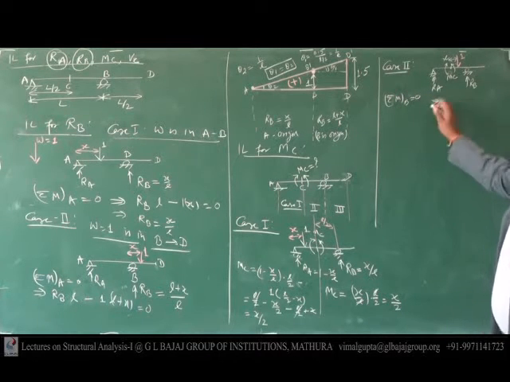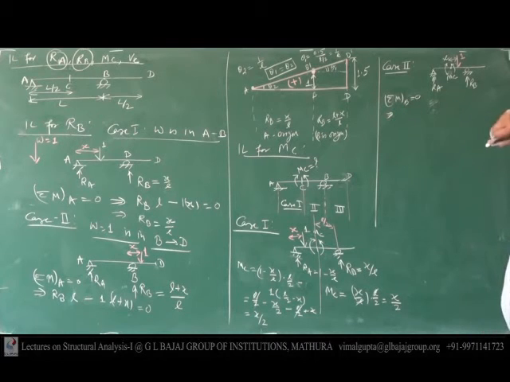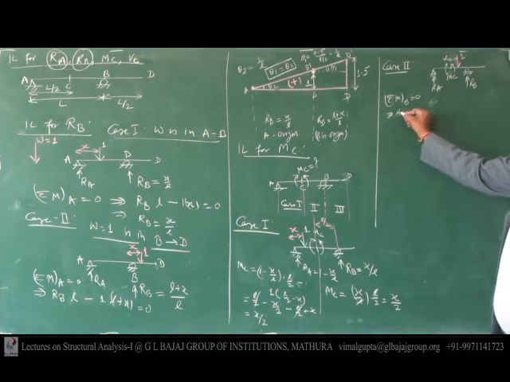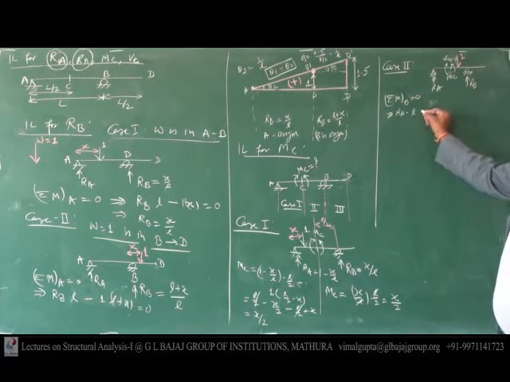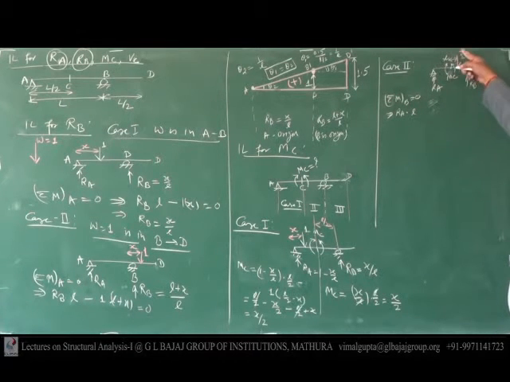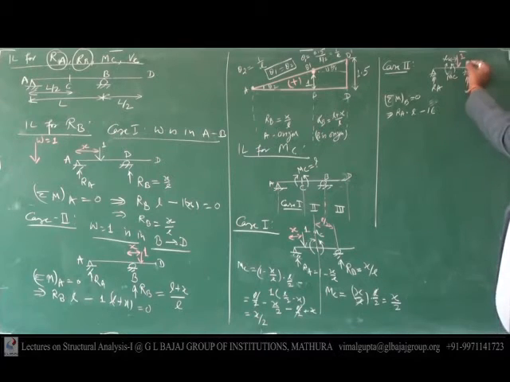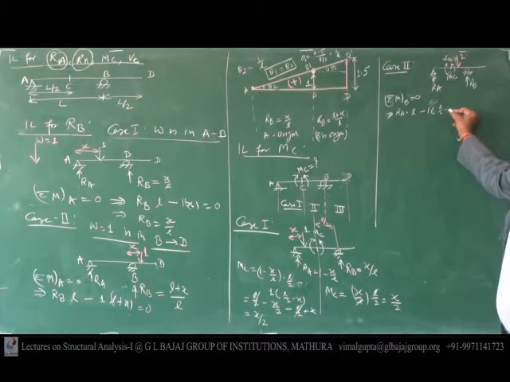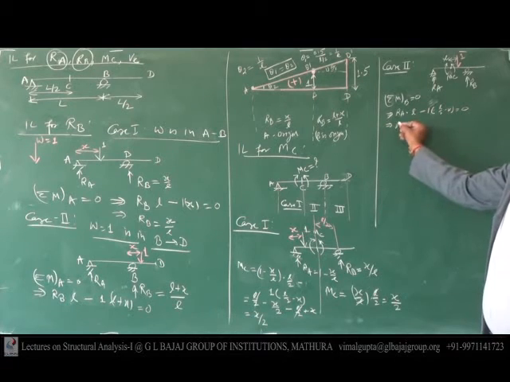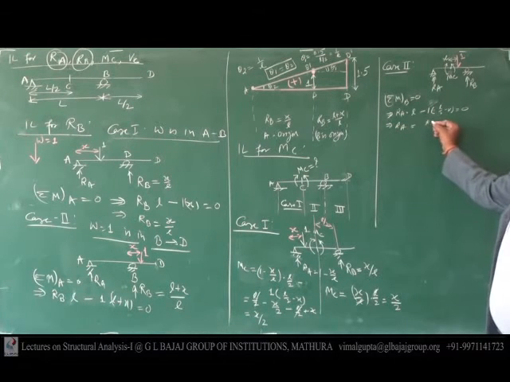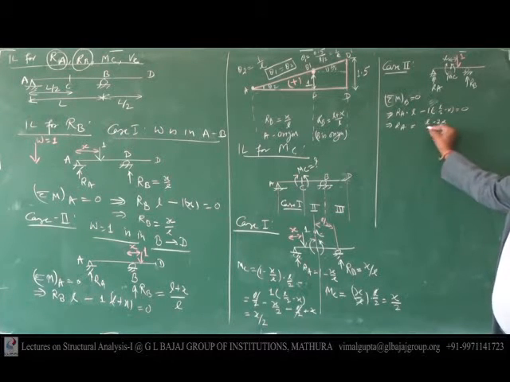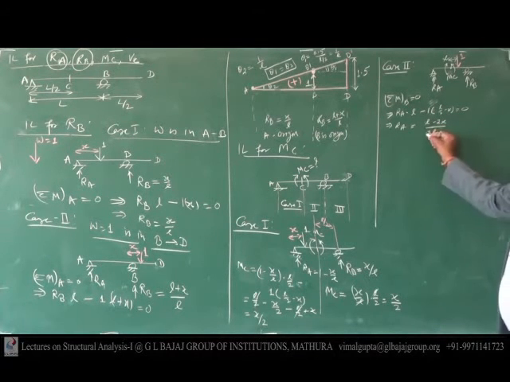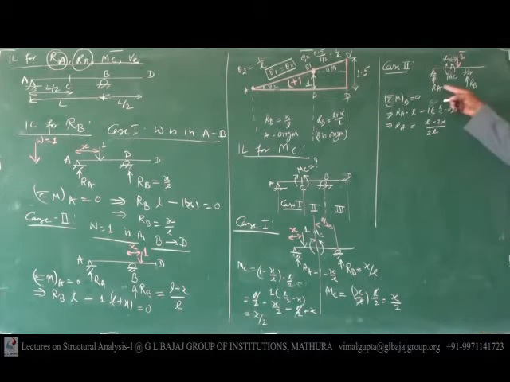Then you will get RA into L, minus 1 into this distance, which is L by 2 minus X, equals 0. So the value of RA is L minus 2X divided by 2L. Okay, so the value of RA is this.